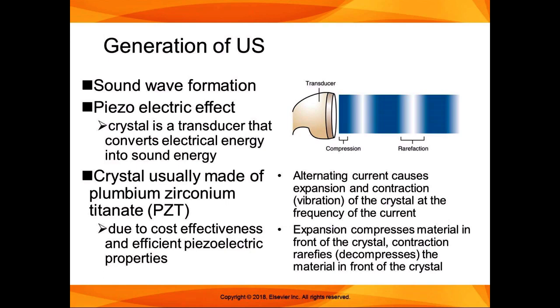And we use that because it's a lot cheaper than using quartz crystals. And it's man-made, so it's readily available. So the alternating current causes the crystal to expand and contract at the frequency of the current. The expansion compresses the material in front of it, and the contraction rarefies or decompresses the material in front of the crystal, and that's what generates the ultrasound wave.